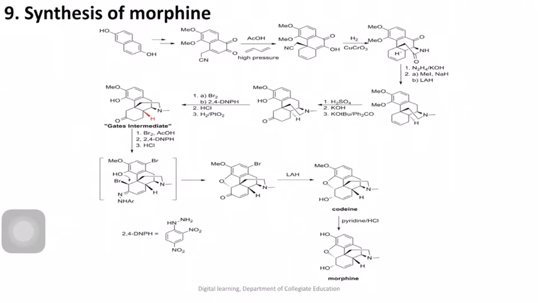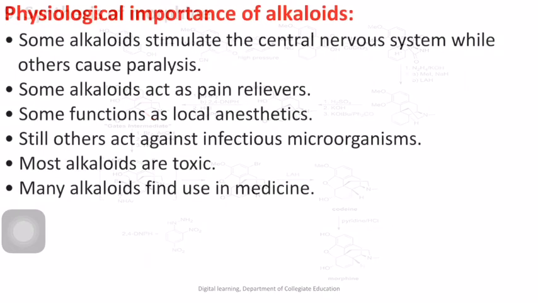Got it? We need to know the physiological importance of alkaloids. Some of the alkaloids stimulate the central nervous system, while others cause paralysis. For example, caffeine, as I mentioned in the first session, is a stimulant. It also affects the central nervous system.